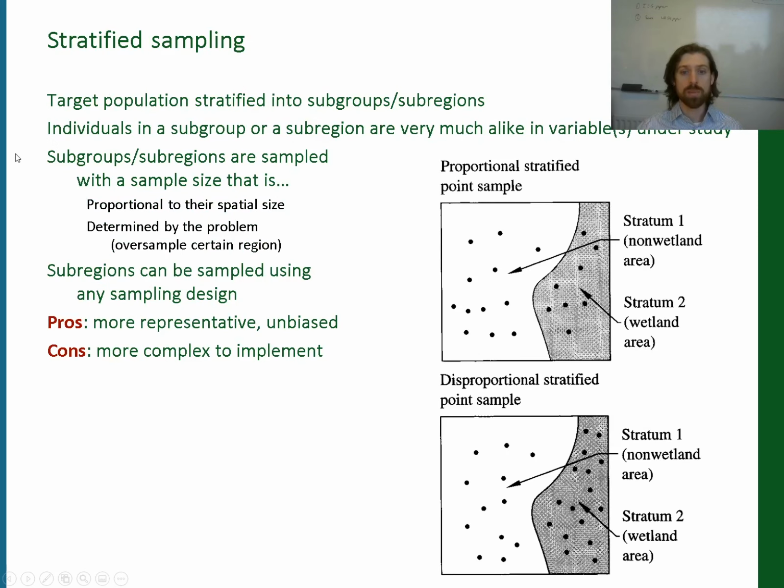So stratified sampling, I'm a big fan of this. I've done a lot of stratified sampling in my time. So you basically identify the target population and then you stratify it into subgroups or subregions.